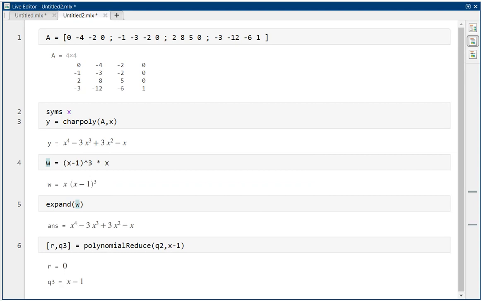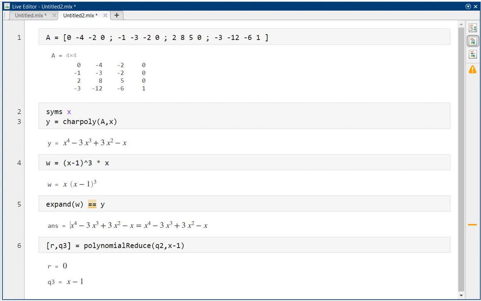And yes, they match. Another way to check is if expand w equals y. And no, that put them both on the same line. It doesn't check it, but it puts them on the same line and you can see that they're definitely the same thing.